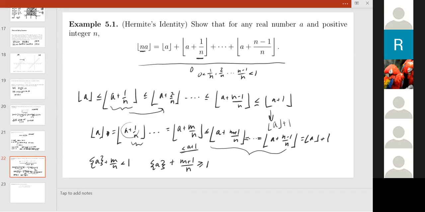So when we combine these two inequalities and solve for a, we have that the fractional part of a is less than 1 minus m over n and greater than or equal to 1 minus m plus 1 over n. Okay.